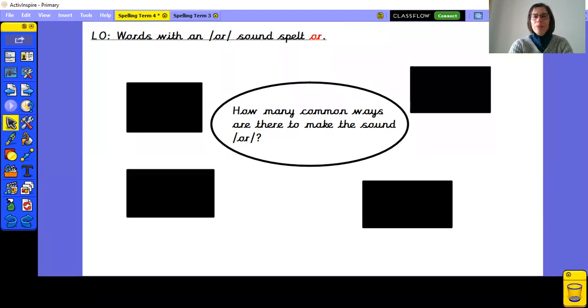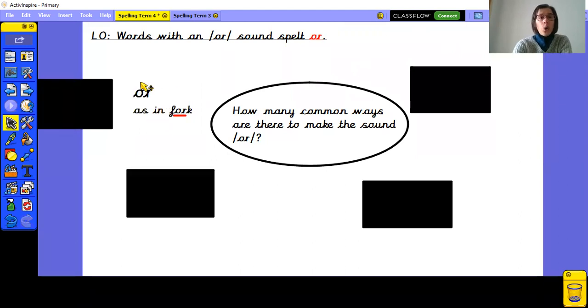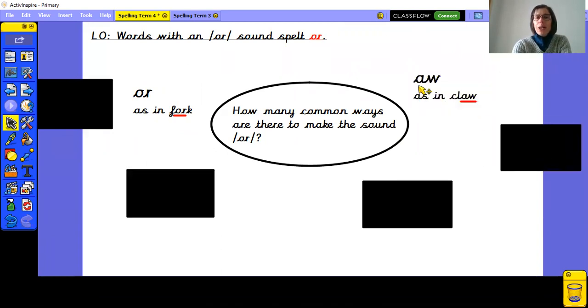Okay, year 5, I'm sure, because you're in year 5, that you know different ways to spell the sound O. So obviously, the first one is O-R, like in fork. The second one is A-W, as in claw.